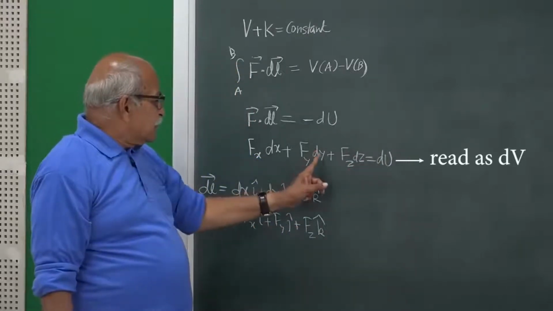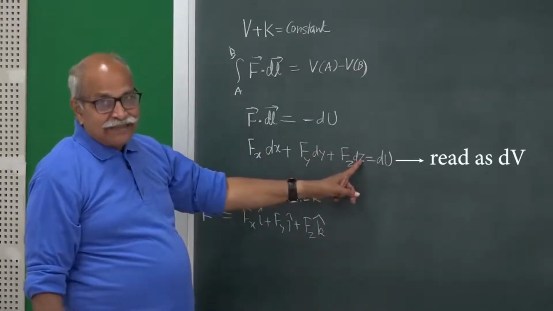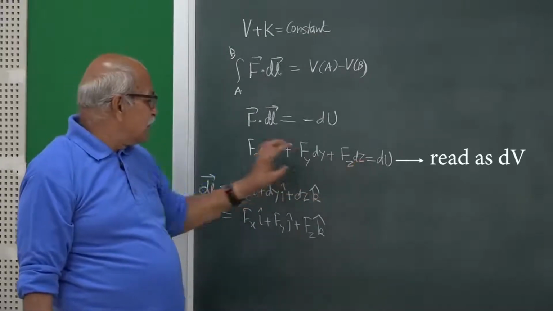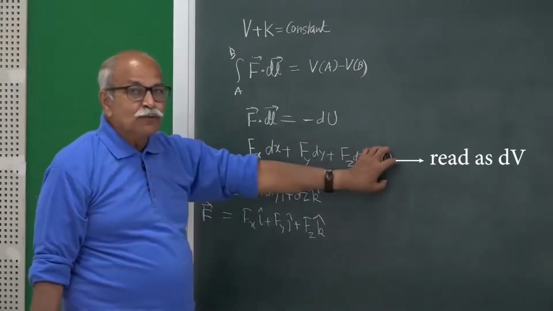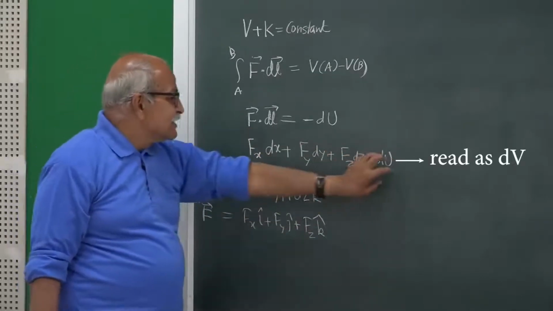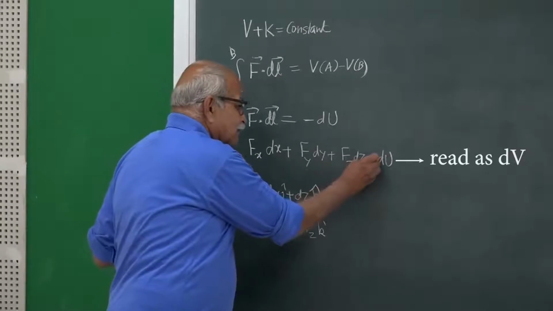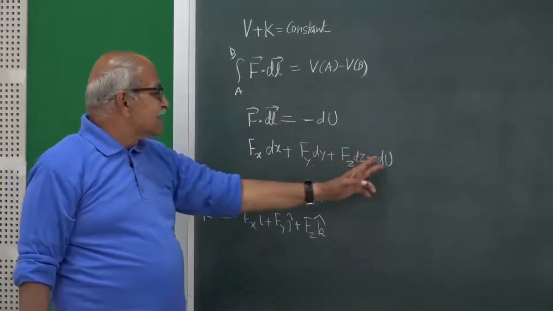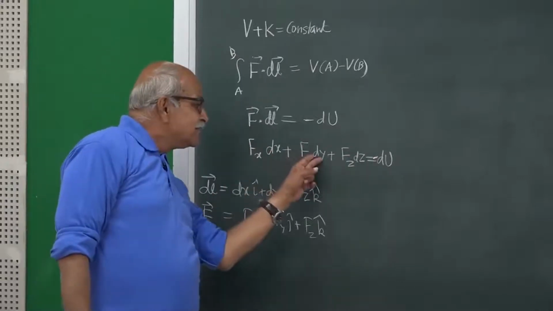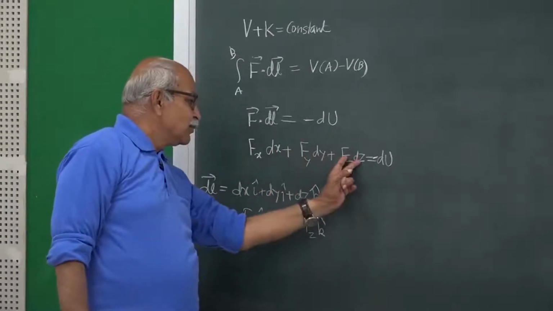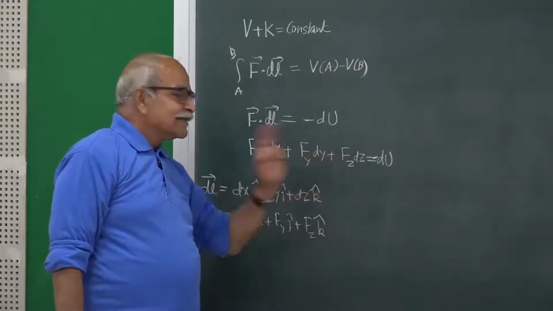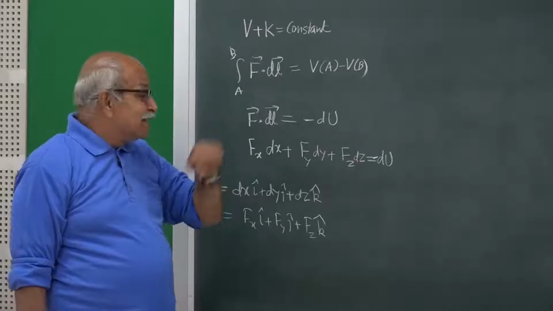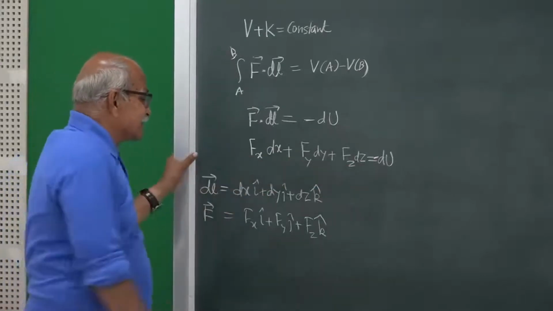Now, if you take y and z as constant, which do not change, only x changes, then you have Fx dx is equal to minus dV. That means Fx is minus dV by dx, provided dy is 0 and dz is 0, y is constant, z is constant, and that is the partial derivative of V with respect to x.